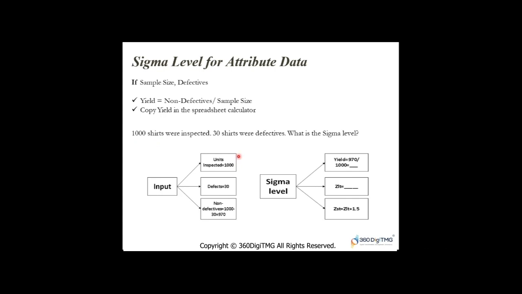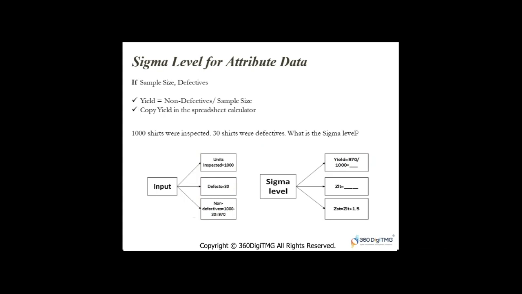Okay, here are the values which are given to us. Number of units inspected is 1000, number of defectives is 30, and we know how to calculate number of non-defectives. 1000 minus 30, which is 970. Yield is 970 divided by 1000. Either key in this yield value directly to get the sigma long term and short term, or you know what, right?